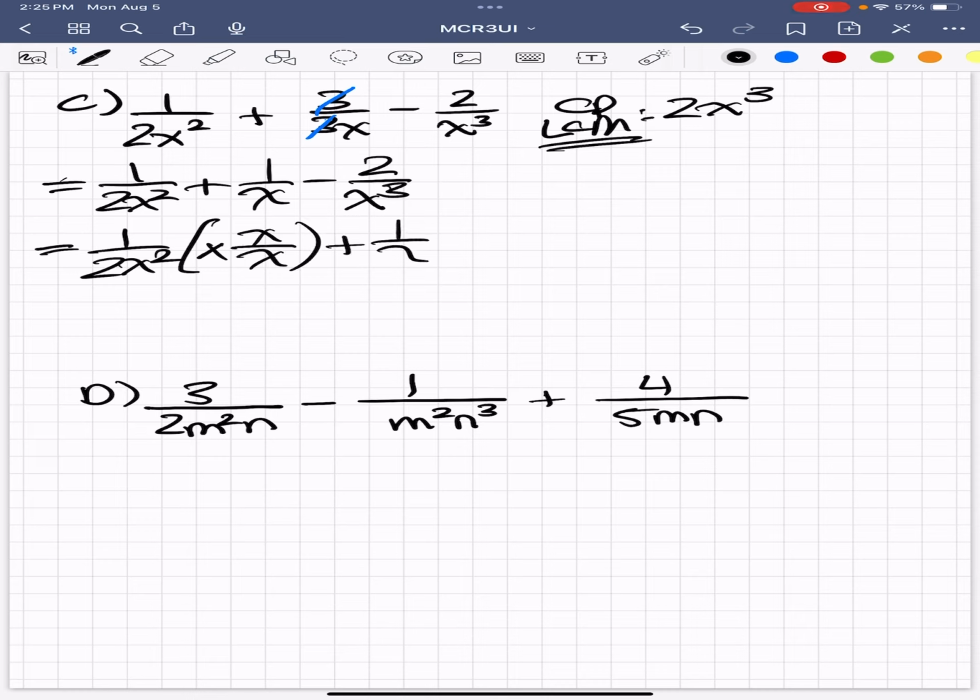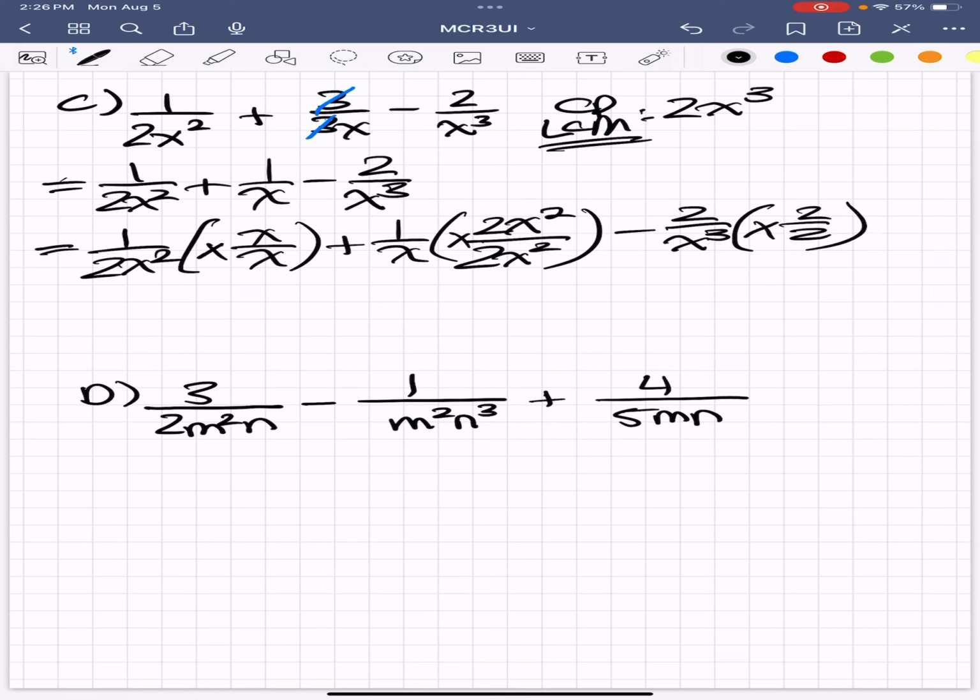We have 1 over x times 2x to the power of 2. And then we have minus 2 over x to the power of 3 multiplied by 2 over 2. And we multiply the numerator by x and the denominator by x.